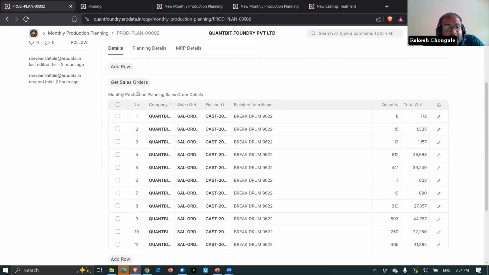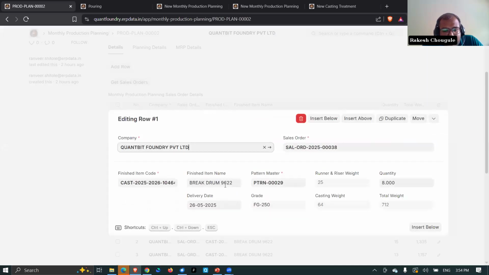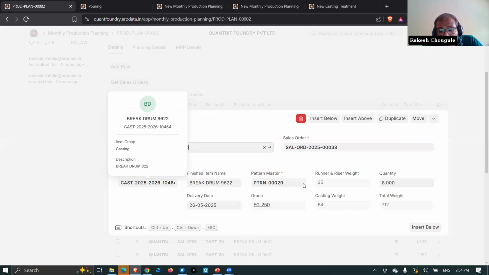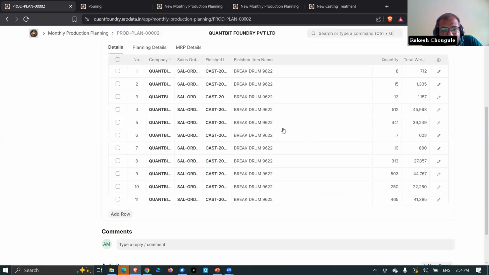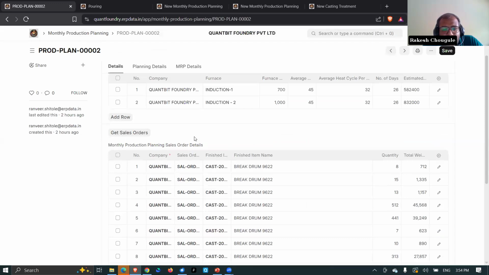After that, the sale orders which we have entered in our system will be fetched here using get sales order. Then you can see the pattern master finished item, the quantity in the particular order and its total weight. So we will get all the required details and the capacity of the particular furnace or foundry.